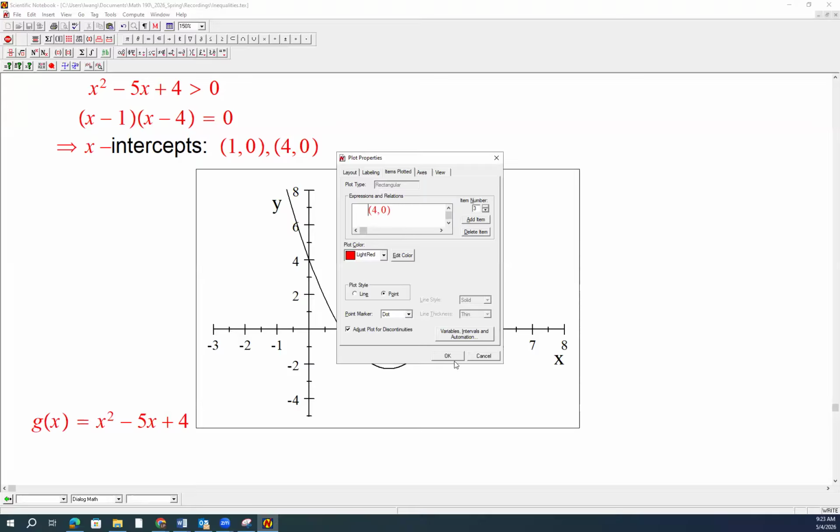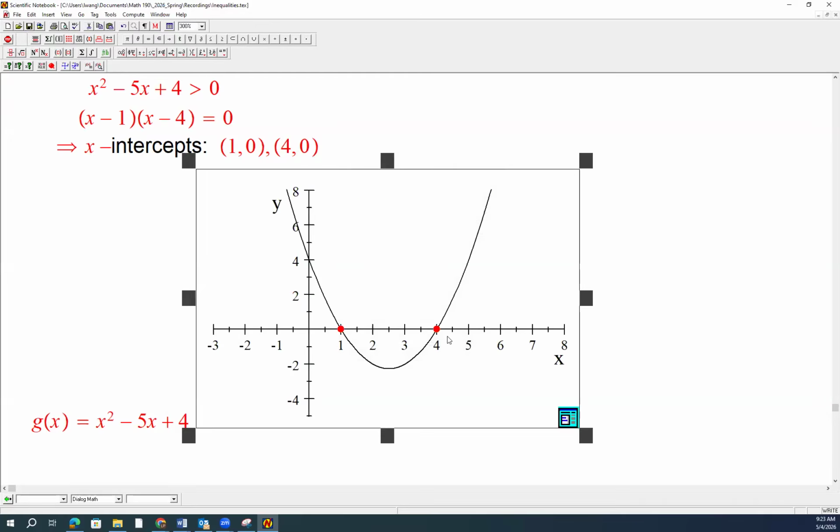So these are the points (1, 0) and (4, 0). Let me draw some arrows here so you can understand what I'm saying. This is the point (1, 0), and that's the point (4, 0), the x-intercepts.